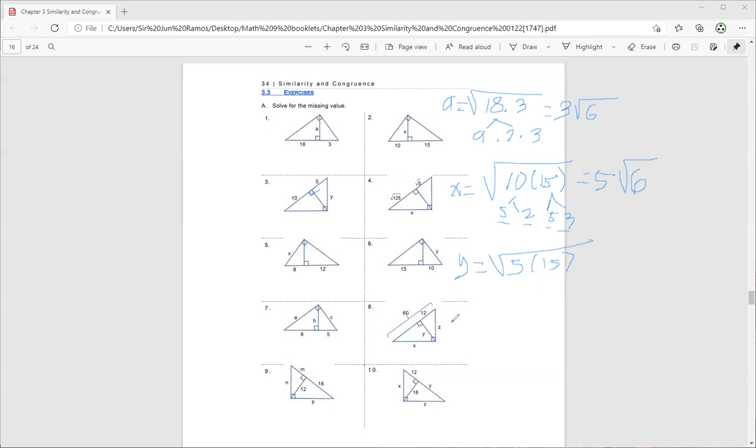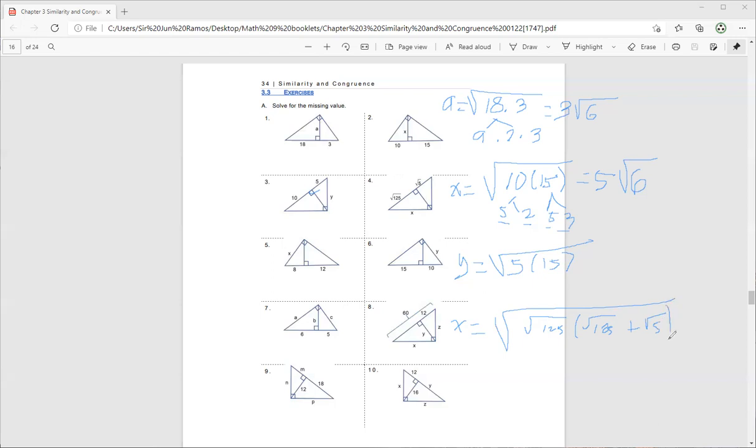Number 4, we want to have an x. Now, what is the length of the segment nearer it? That is the square root of 125. And what's the length of the whole hypotenuse? It will be the square root of 125 plus the square root of 5.